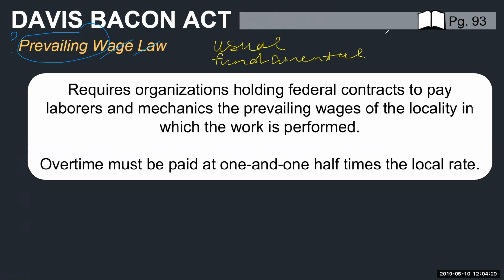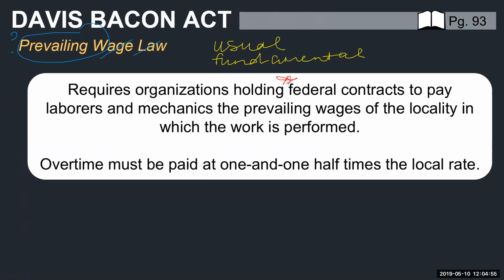Now, this law is also not talking to everybody. It's talking to federal contractors. So this law says, hey, if you're a federal contractor, you are obliged to comply with the prevailing wage law, which means you are to pay all of your workers the going wage based on your locality.